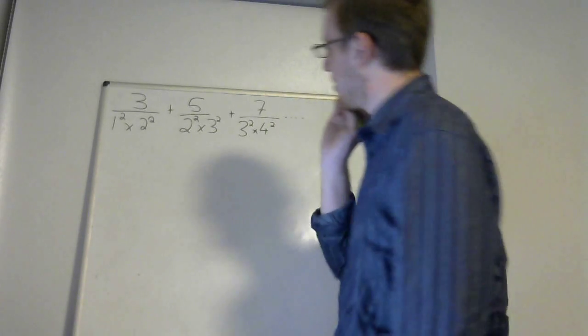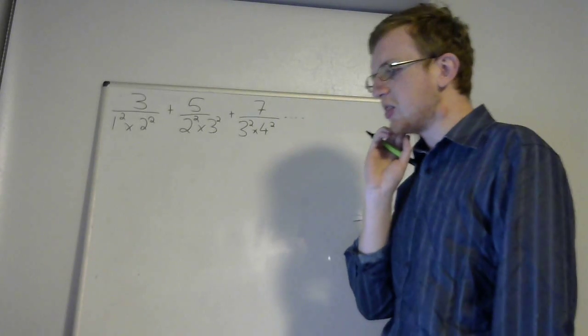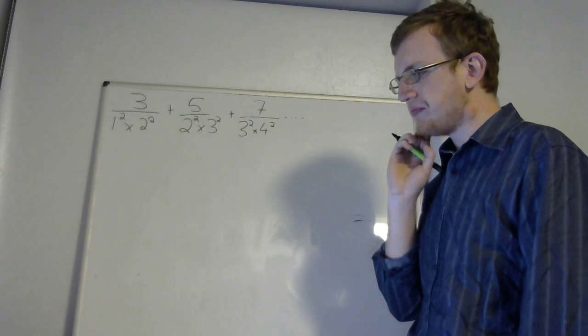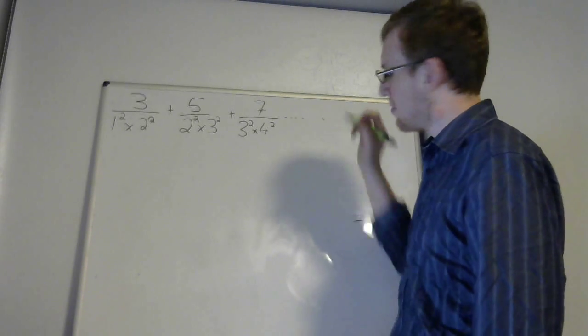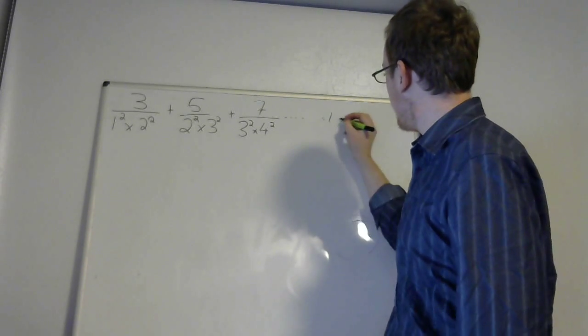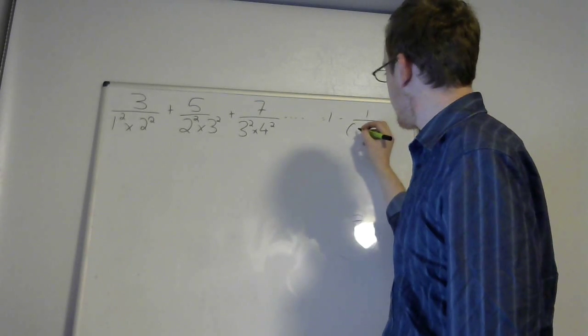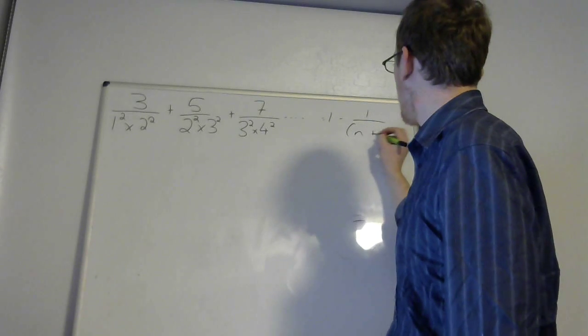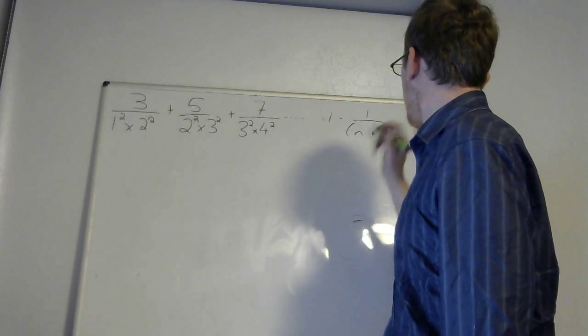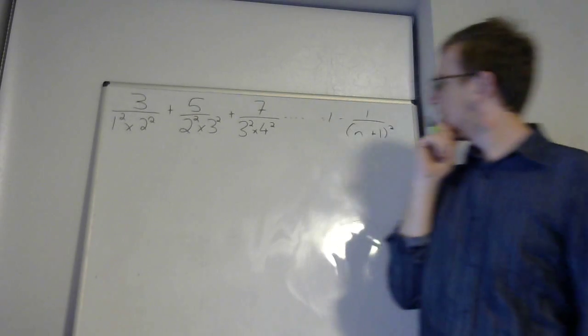You get the pattern. That's actually got to equal 1 minus 1 over (n plus 1) squared.